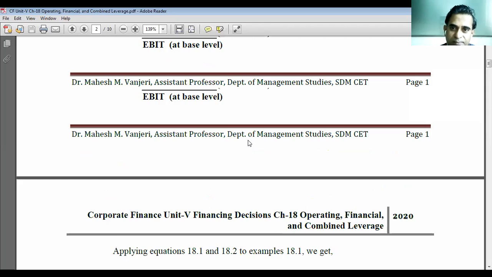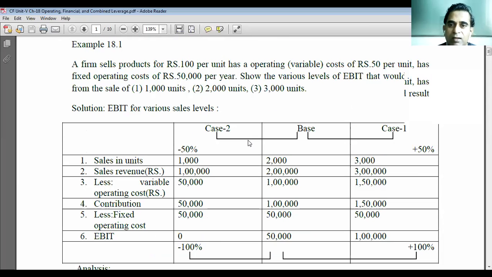Let's check. A 1% increase in sales would result in a 2% increase in EBIT. In case 1, the sales have increased from 2,000 units to 3,000 units. It means the percentage increase in sales is 50%. So if the degree of operating leverage is 2, the EBIT should increase by 100%, just double. Yes, it is true.